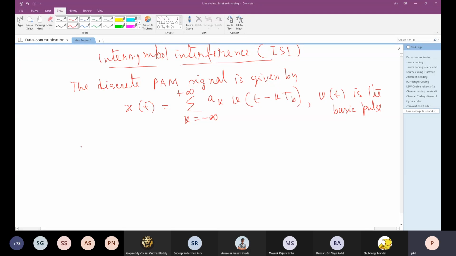At the receiver, of course, we will have several things. Like the receiver, again there will be pulse shaping filters. First, there will be a band pass filter to reduce the random noise.